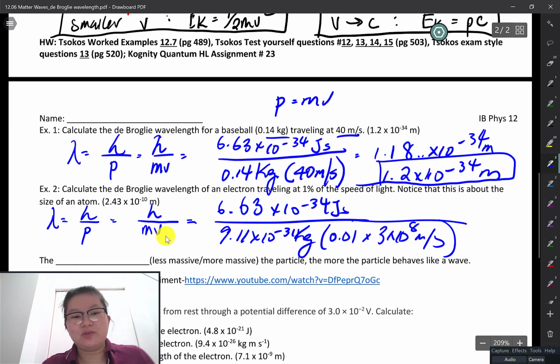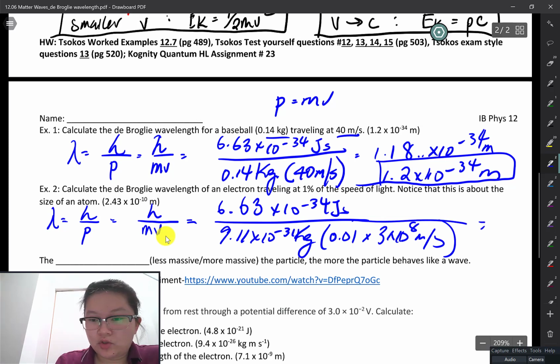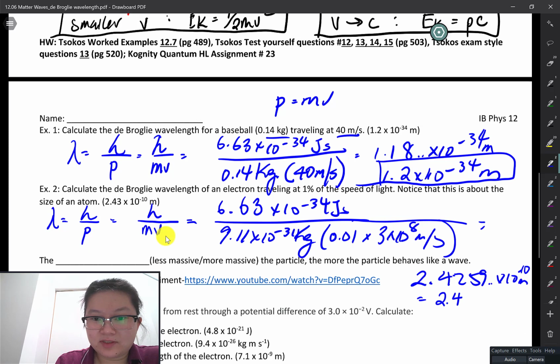So after we do that, we get 2.4259 times 10 to the power negative 10 meters, which is, to 3 sig figs, 2.43 times 10 to the power of negative 10 meters.